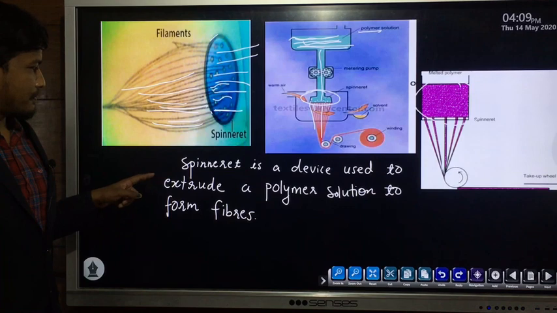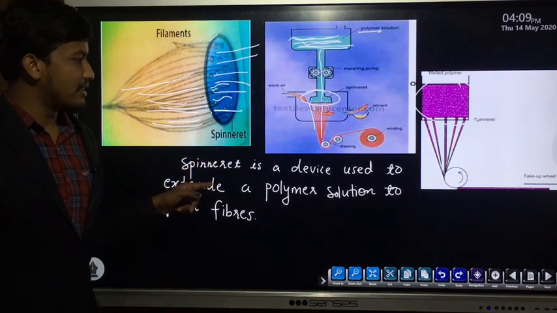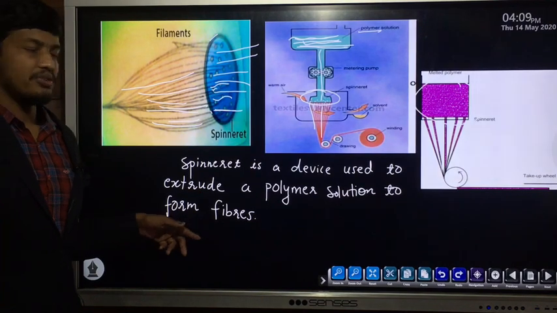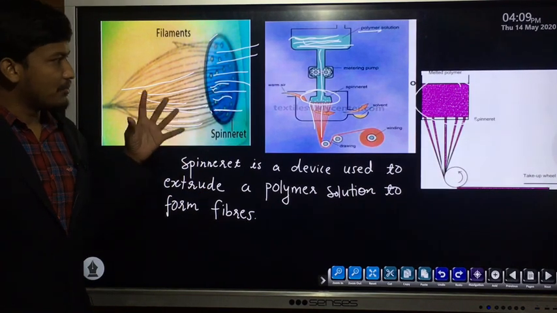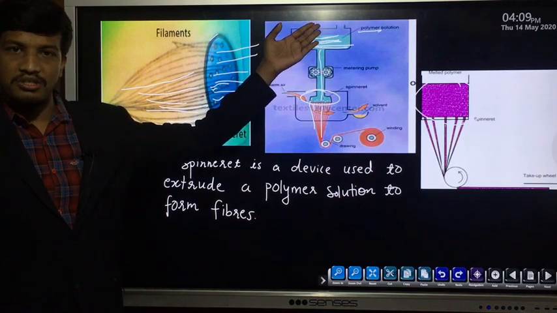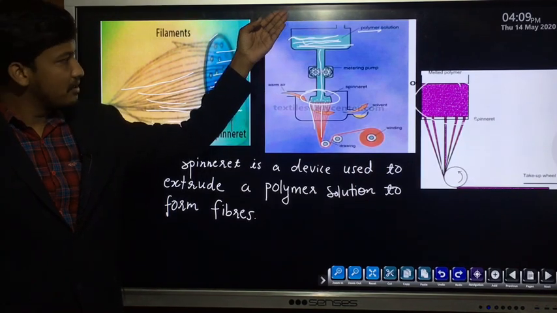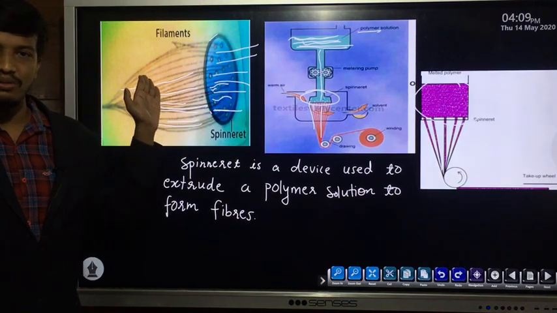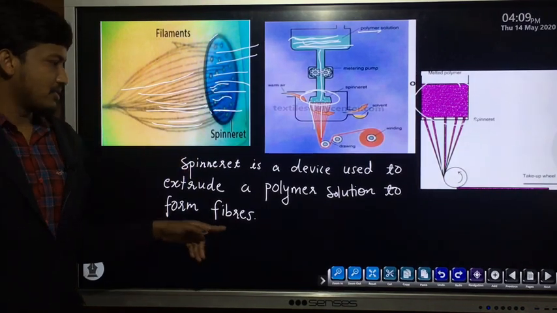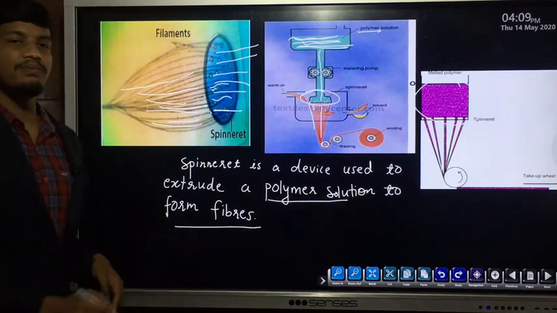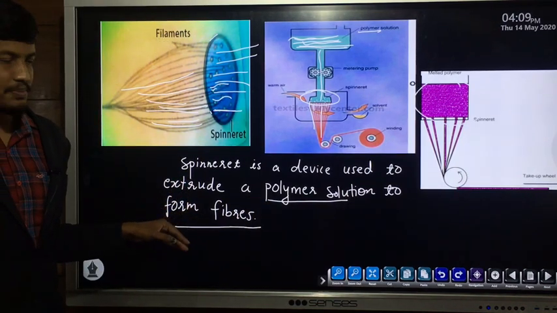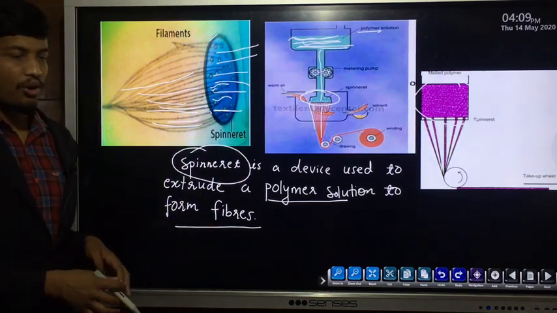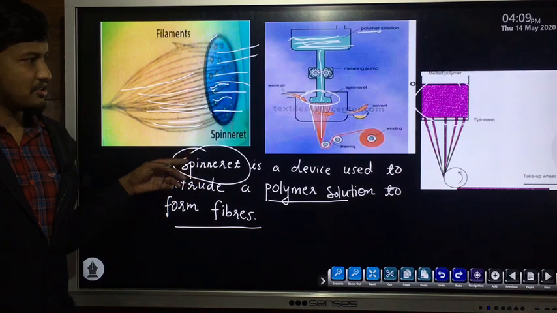So we can define spinneret. Spinneret is a device used to extrude a polymer solution to form fibers. So we allow the polymer solution, the mixture of chemicals, through the spinneret, and we will convert this polymer solution in the form of fibers. This process is called spinning. The machine used for this process, which has holes, is called spinneret.